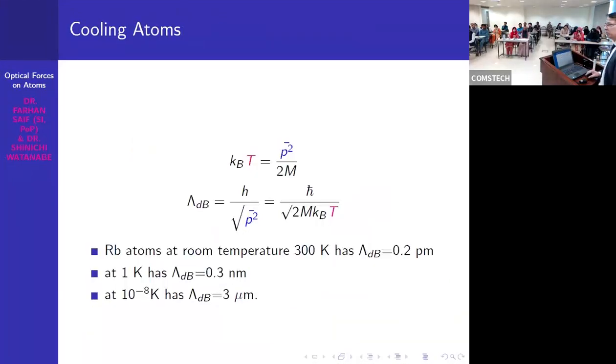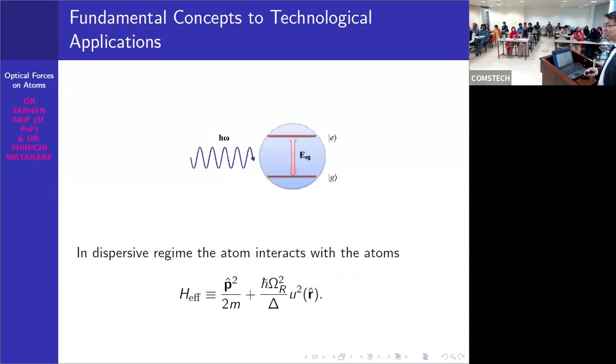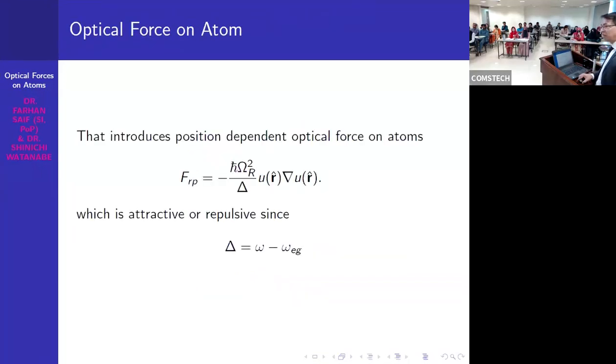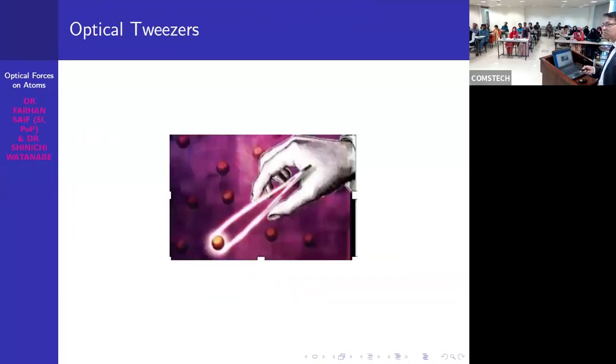Now, simple mathematics can connect our temperature concept with the thermal energy by a simple relationship: we can write the thermal energy as kBT, and it is related to the average kinetic energy.